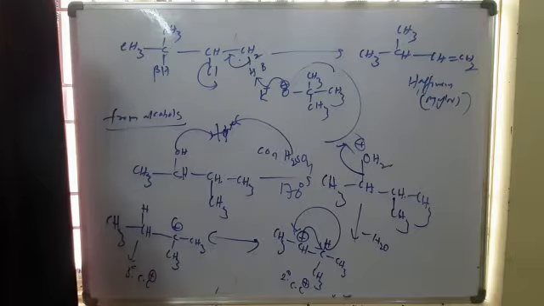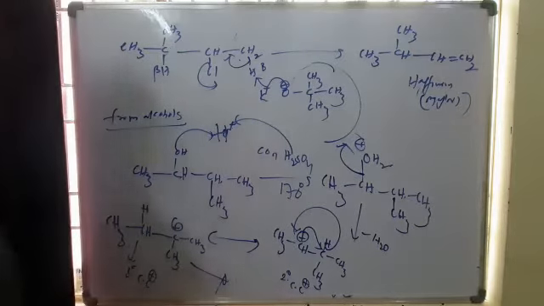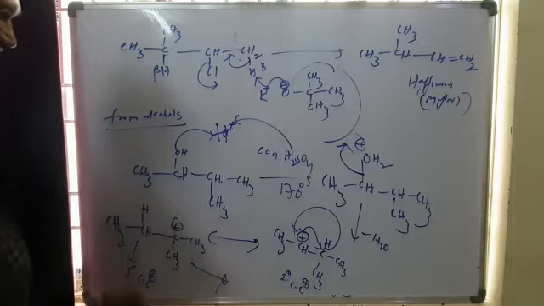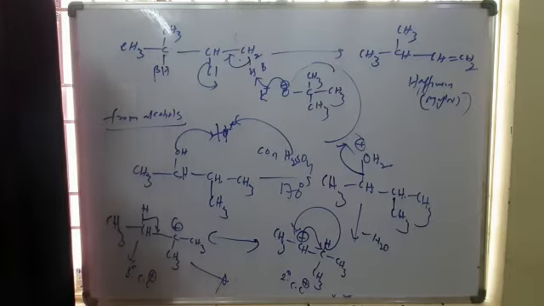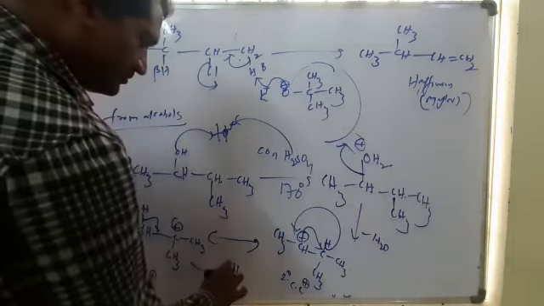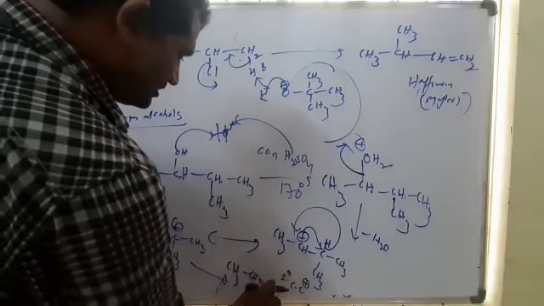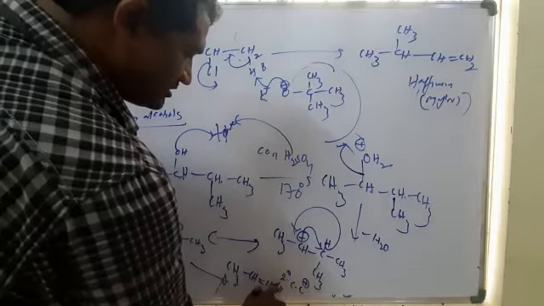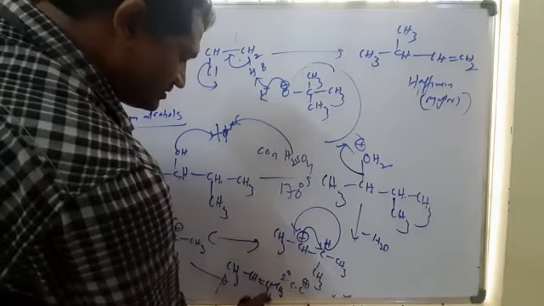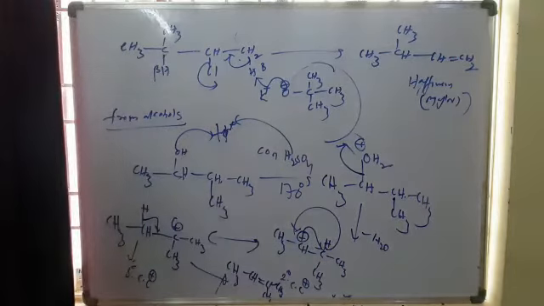After formation of the tertiary carbocation, next to this an H+ ion is lost and the highly substituted alkene is formed. So CH double bond C, CH3 and CH3. So this is the mechanism.